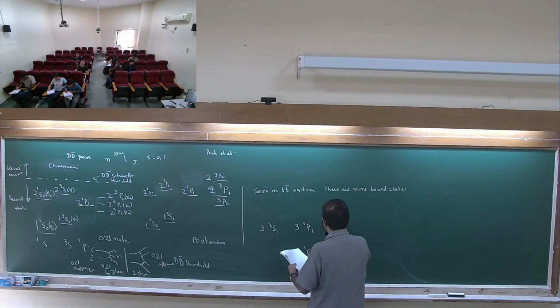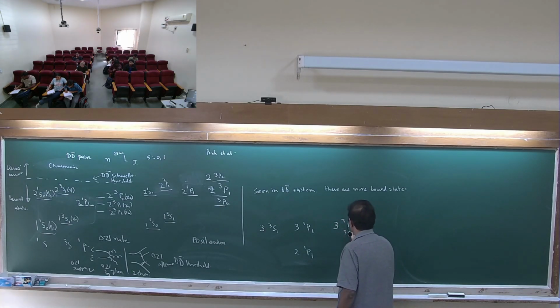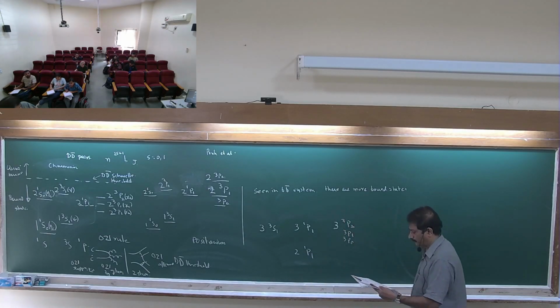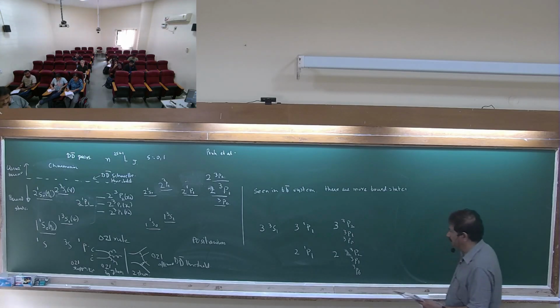Then there is a 3P2. What else is possible? 3P2, then 3P1, then 3P0 is also possible. Sorry, this I've already written. 3P1, 3P0. Any other bound states you think should be available?